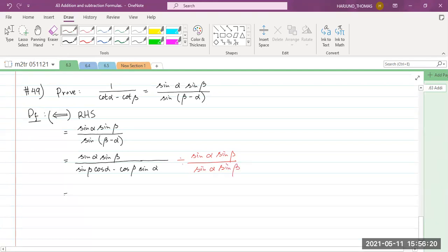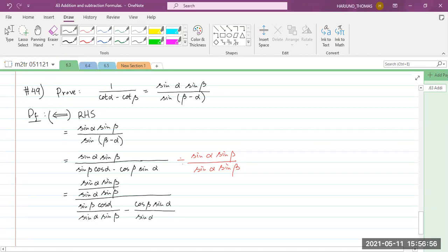Basically, it will look like this. There will be sine alpha sine beta over sine alpha sine beta on top, over sine beta cosine alpha over sine alpha sine beta, minus the bottom right, cosine beta sine alpha, also divided by sine alpha sine beta.